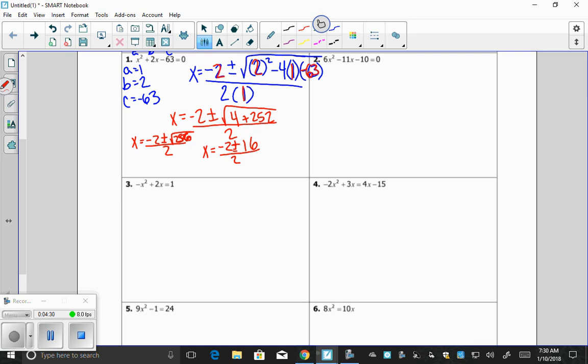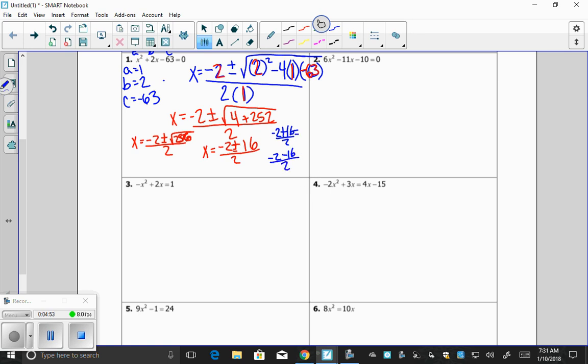Now here I have two answers, not one, two, because I have a plus or minus in the middle. So my first answer is going to be negative 2 plus 16 divided by 2. And my second answer is going to be negative 2 minus 16 divided by 2.